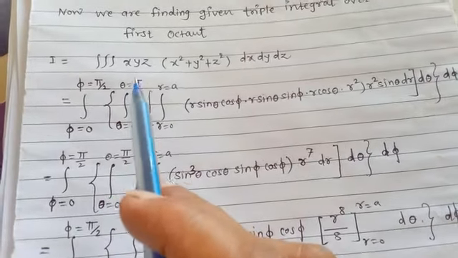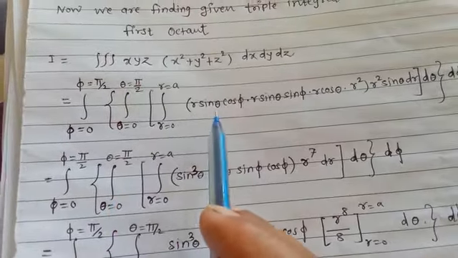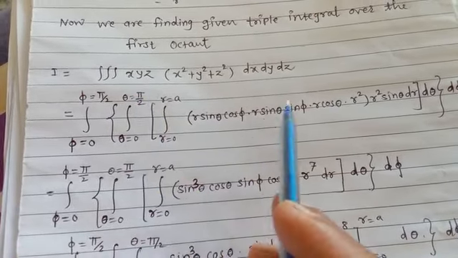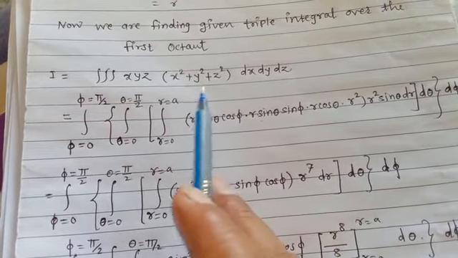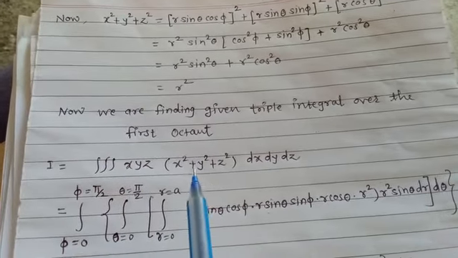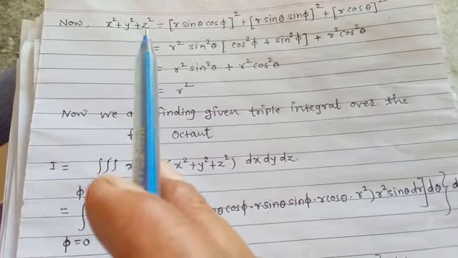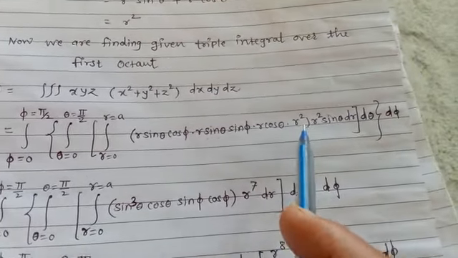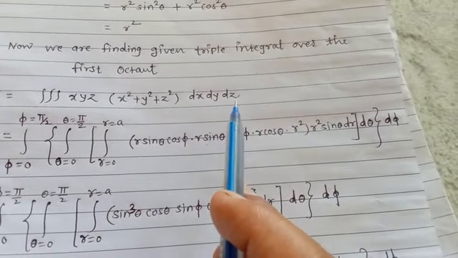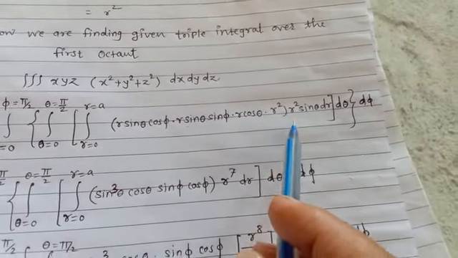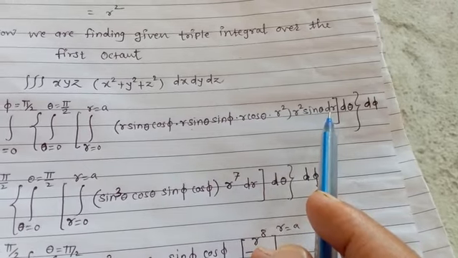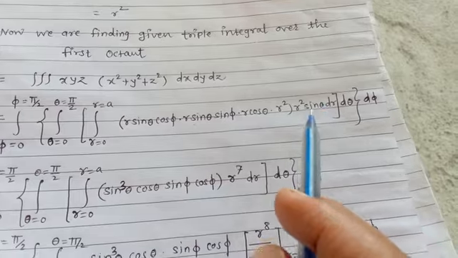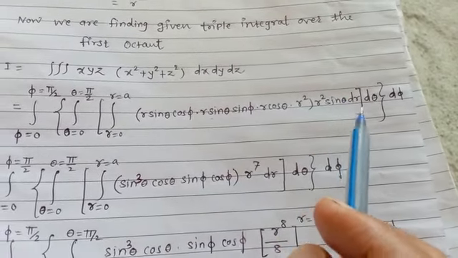So here we are using x = r sin theta cos phi, y = r sin theta sin phi, z = r cos theta, and we have already found that x² + y² + z² is nothing but r², and dx dy dz is r² sin theta dr d theta d phi. It is taken by our standard substitution that we have discussed in the beginning.